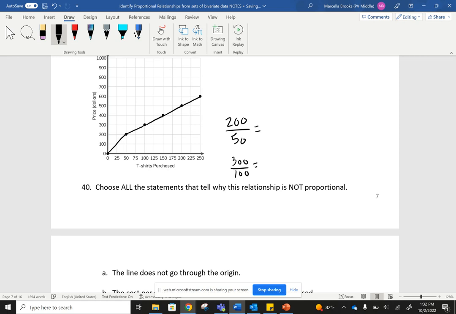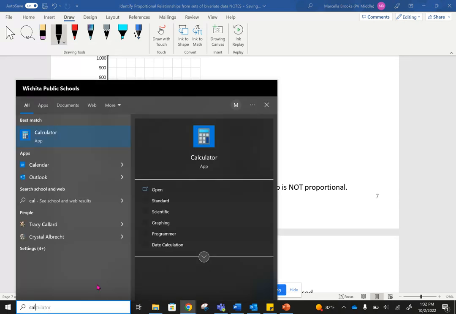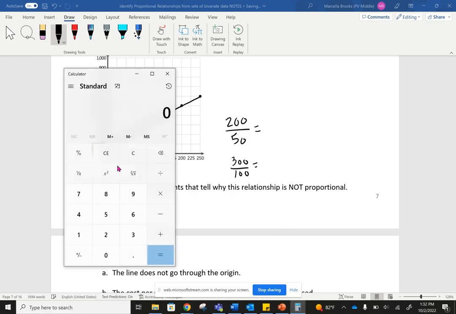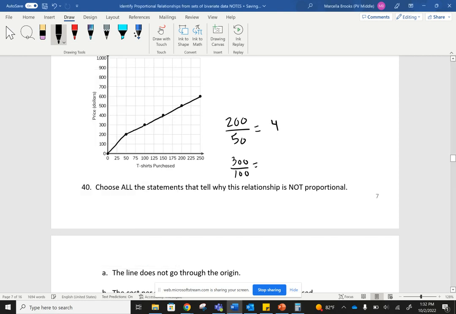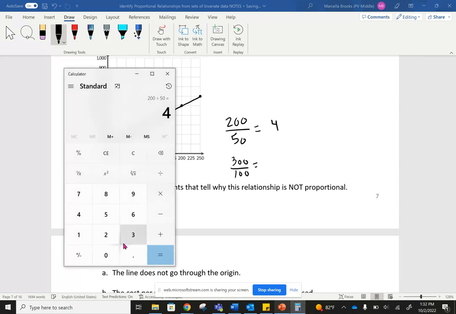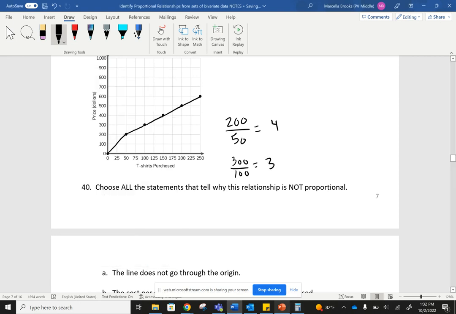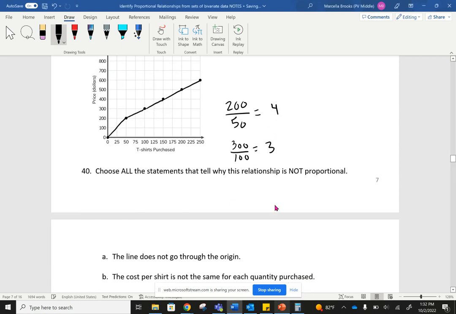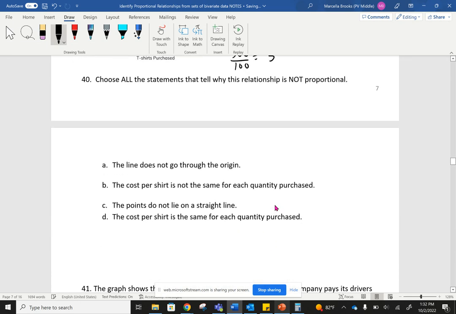Let's just calculate those and see what we get. $200 divided by 50 equals 4. And then 300 divided by 100 equals 3. So already we know it's not proportional because those aren't the same cost per shirt.